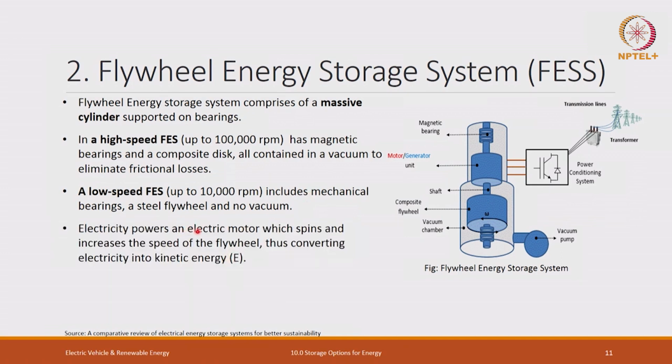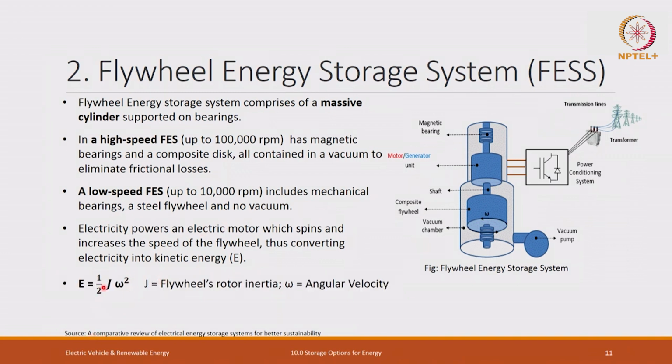So, electricity powers an electric motor which spins the flywheel, and whenever you require extra power or generation is low, at that time it converts its kinetic energy into electricity by the motor.